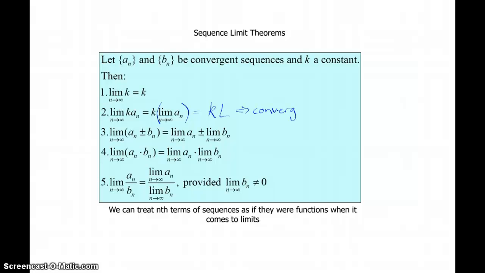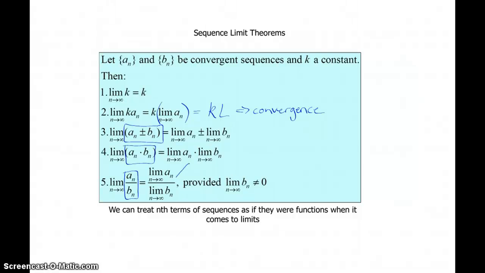I don't care if k is positive, negative, super big, super small. We're still going to get a real number value out of that, and that's going to be convergence. It is true that just like functions, our limits break up over addition, subtraction, multiplication, and division. So all of that is still true.